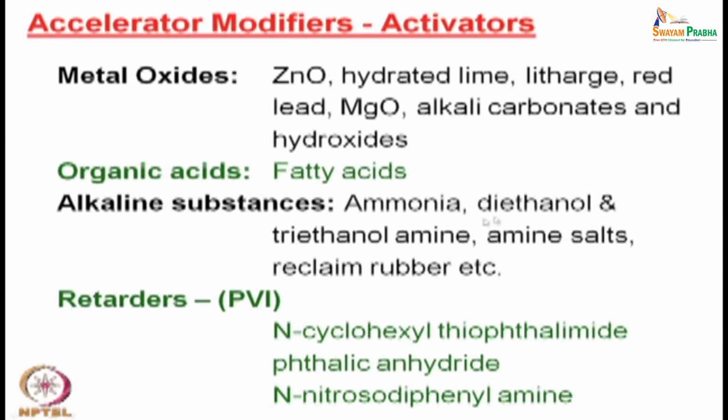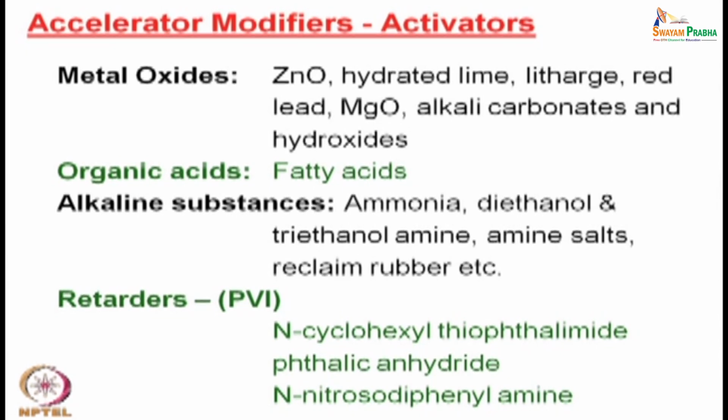So ammonia, diethanolamine or triethanolamine, amine salts, or even reclaimed rubber, which is alkaline, can increase the vulcanization rate. So we have discussed the accelerators and accelerator modifiers, that means accelerator activators.